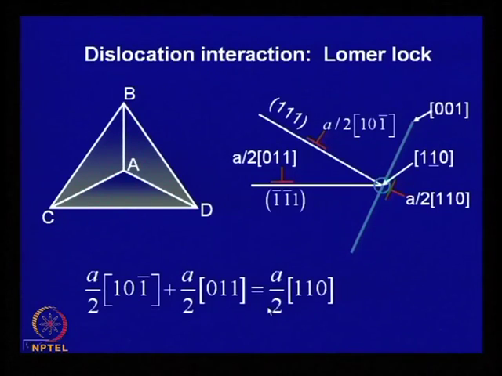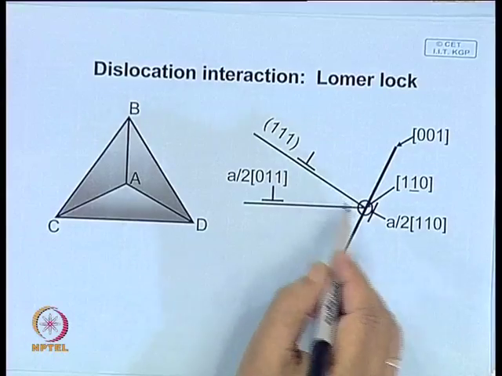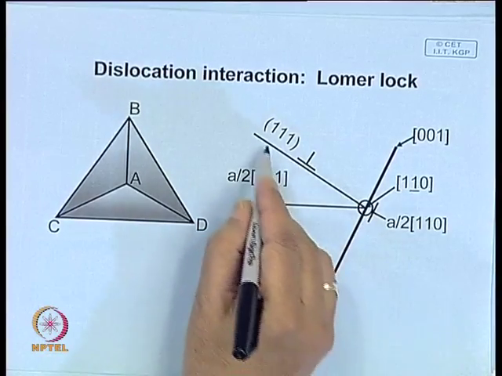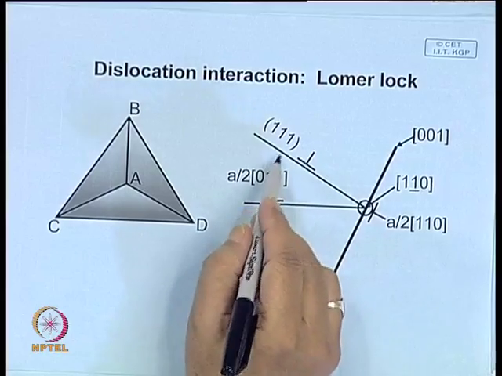There are several interesting dislocation interactions that can take place. Let us consider a face centered cubic crystal, say a dislocation moving in one slip plane, if it comes and meets another dislocation along a line where the slip planes meet, which is shown over here.